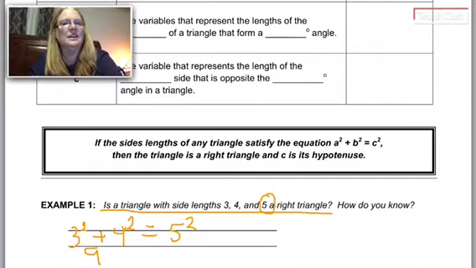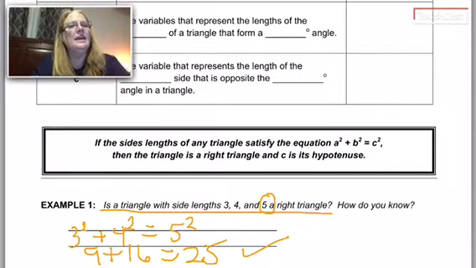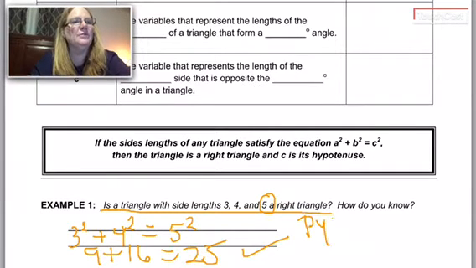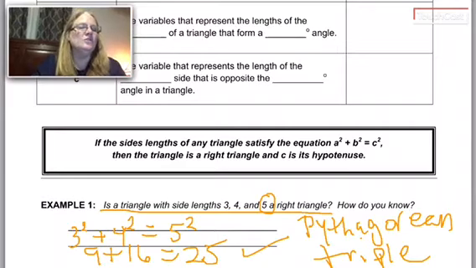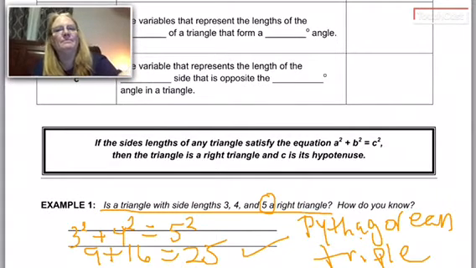And you'll see this is 9 plus 16 is equal to 25. And so yes, that is a true statement, and that is what we call a Pythagorean triple, which is just simply a set of integers that satisfies the equation a squared plus b squared is equal to c squared.